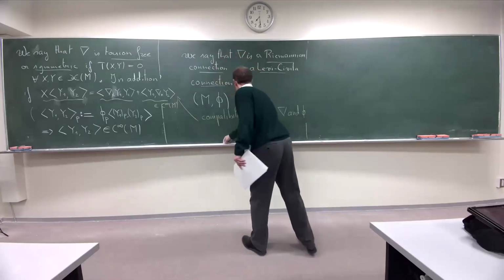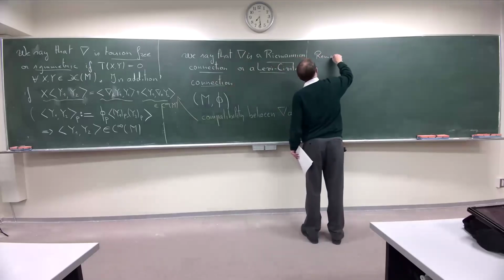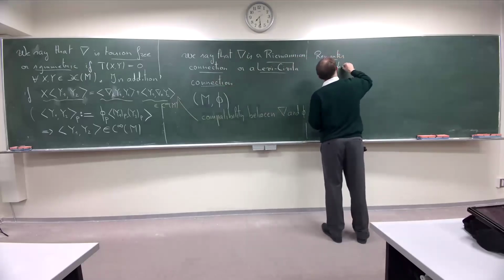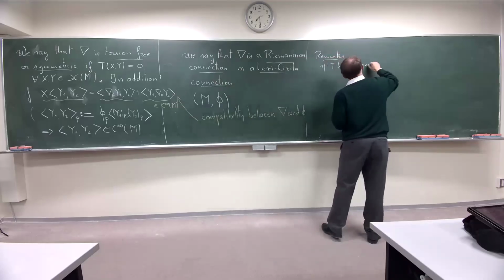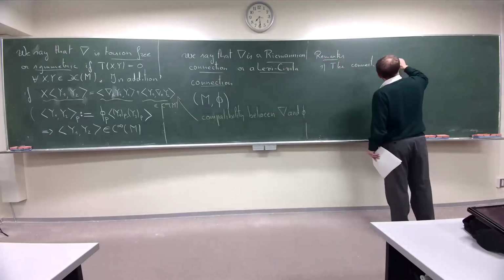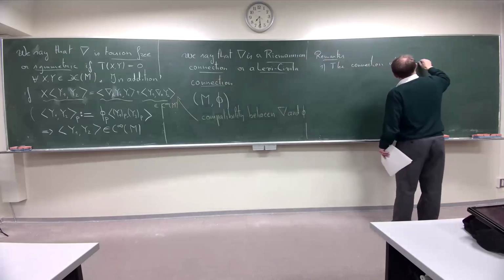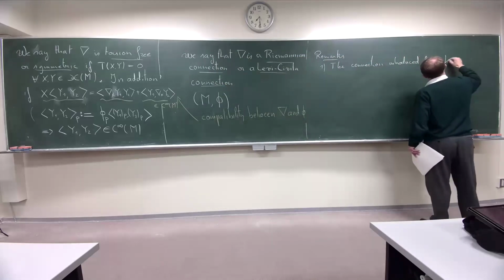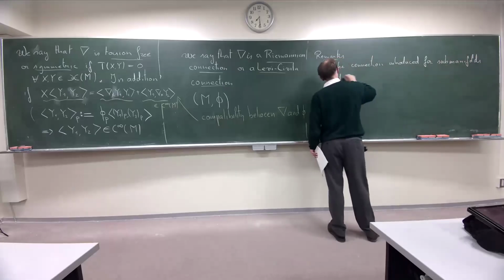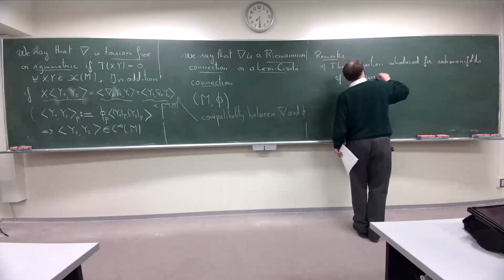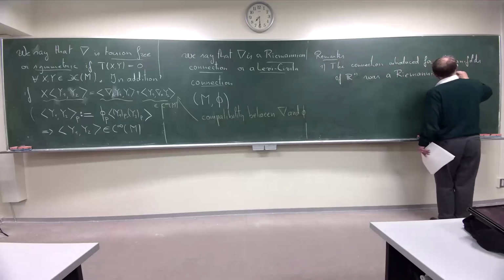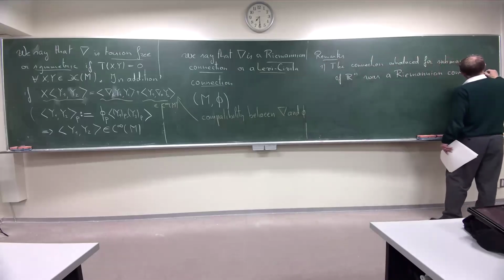So, remark: I didn't speak about connection at that time, but if you check the notation, it was already a connection. The connection introduced for submanifolds of Rn in the previous section was a Riemannian connection because these two conditions were satisfied.